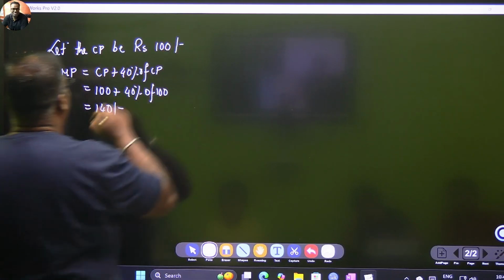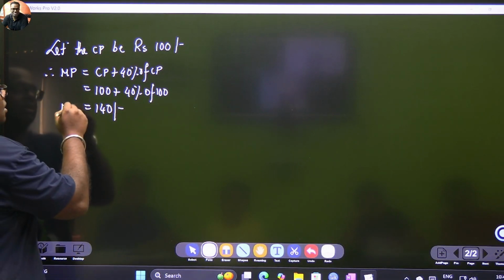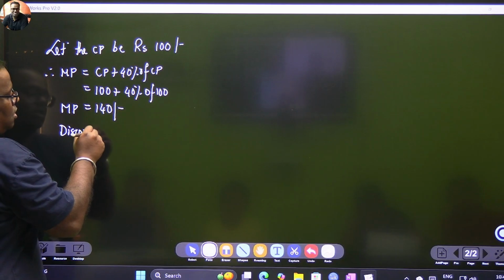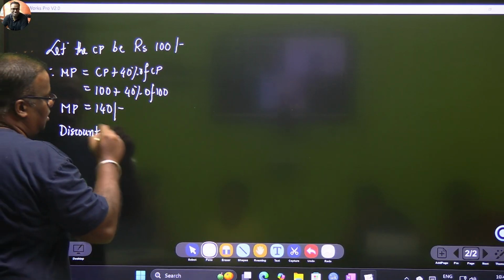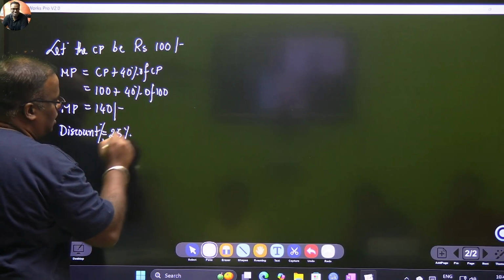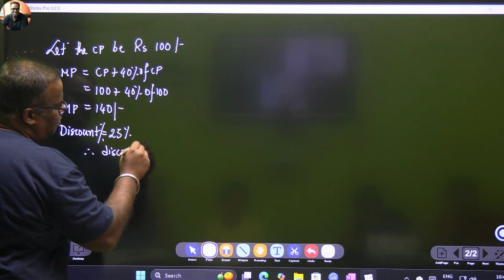So the mark price is found. Now you need to find out what? The selling price. Discount as a percentage is equal to 25%. Therefore, just find the discount as a value.